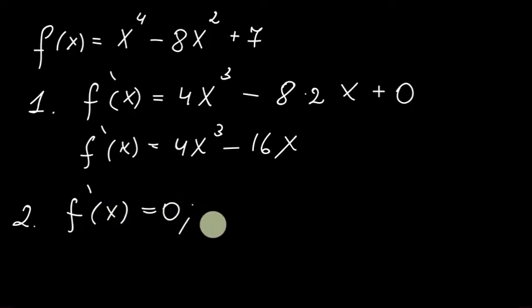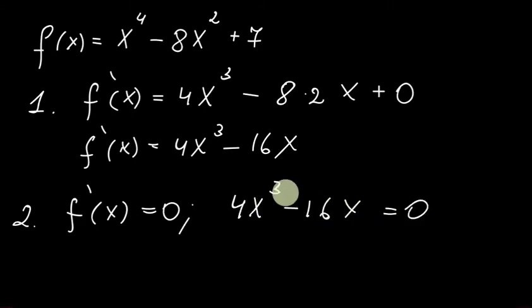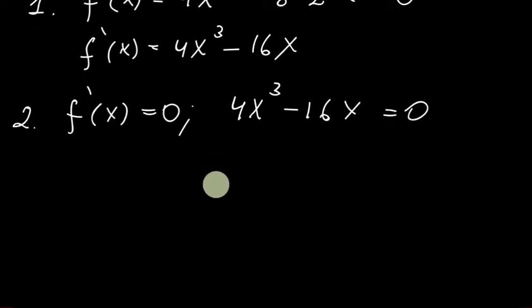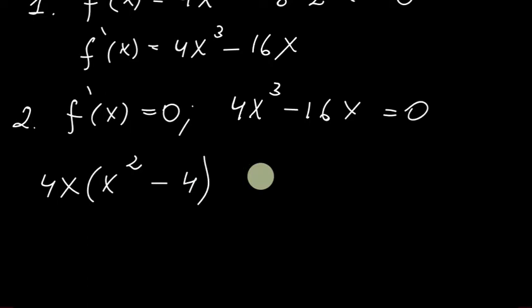We get that 4x cubed minus 16x is equal to 0. We need to take x out before the parentheses, and actually 4x would be better. So 4x times (x squared minus 4) is equal to 0.